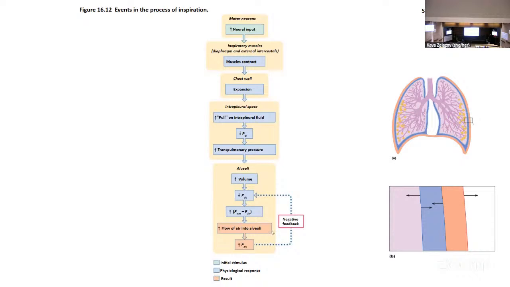Eventually this creates a negative feedback loop: as we pull more air into the alveoli, this raises that pressure, those gas molecules get crowded again. So eventually we stop breathing in once we have an alveolar pressure that's equal to the atmospheric pressure again.